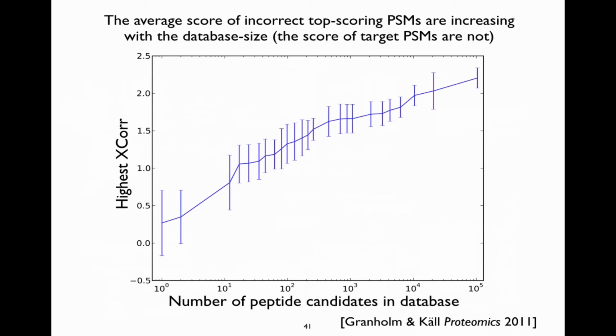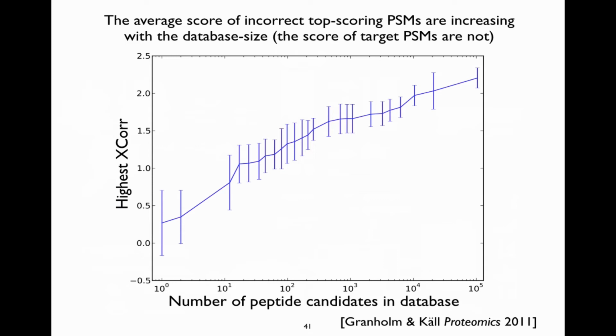So just to illustrate this, Victor Granholm some time ago plotted the highest XCorr score you could obtain against a decoy database as a function of the number of peptides in the decoy database. And as you see, this is a steadily increasing function of the database size.